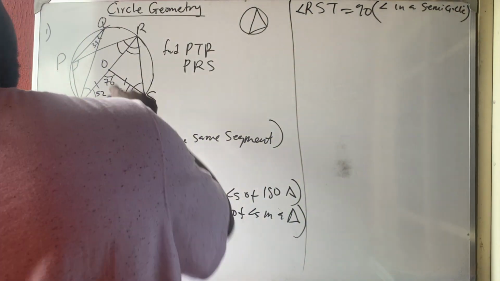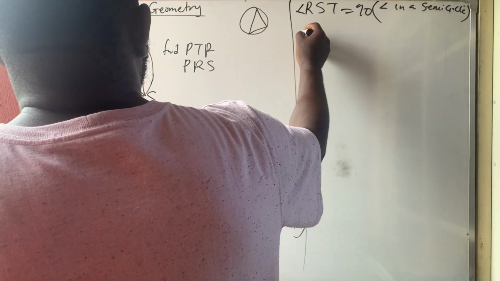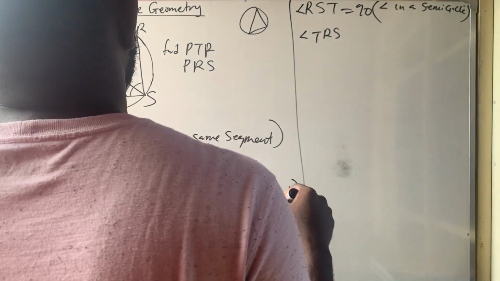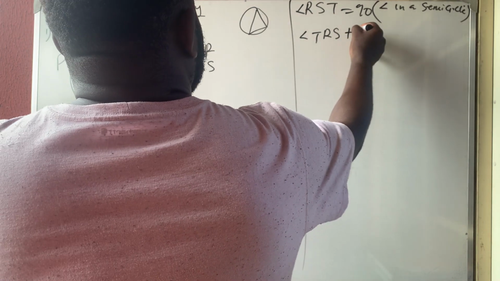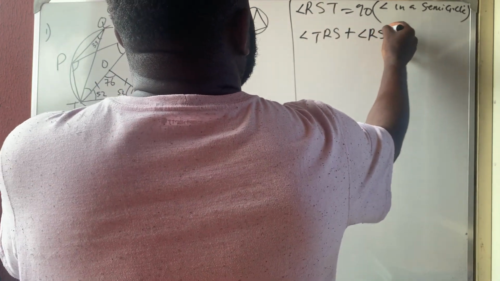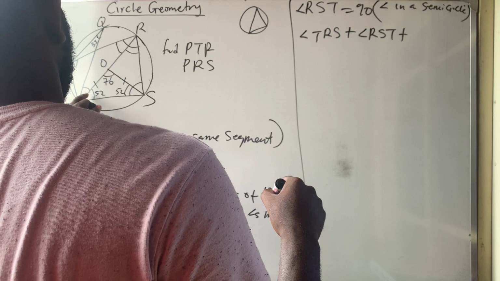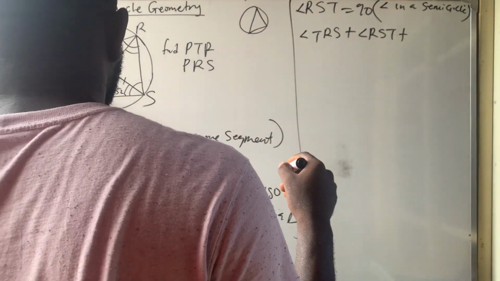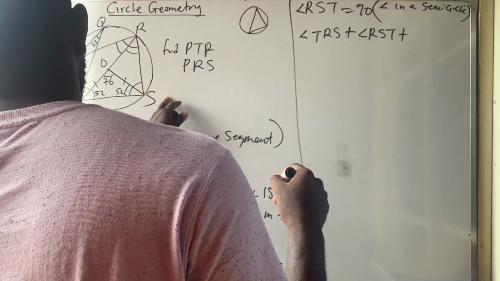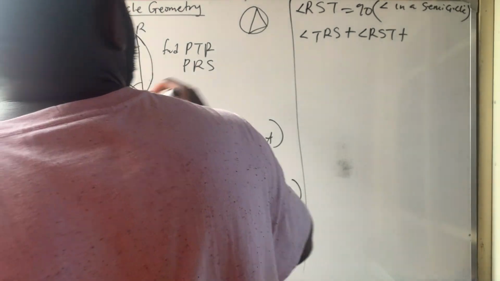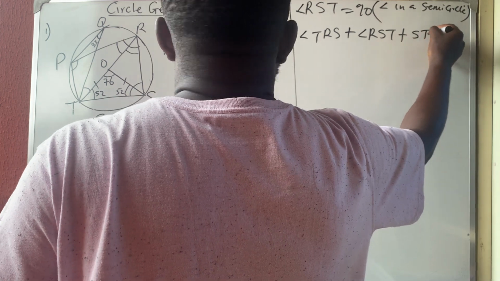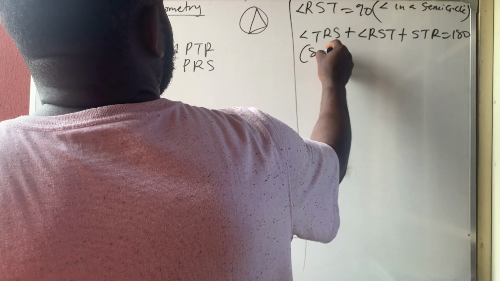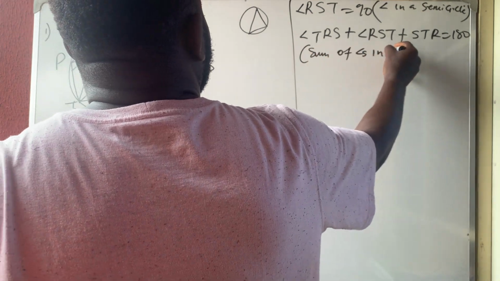So to get this small place now, angle TRS plus angle RST plus this one I got as 52, that is angle STR, is equal to 180. What is my reason? Sum of angles in a triangle.